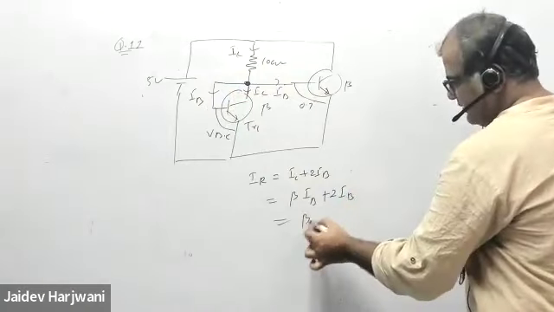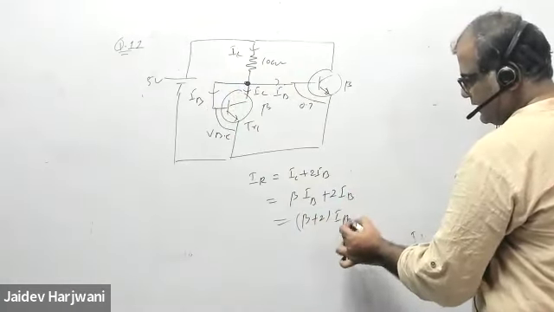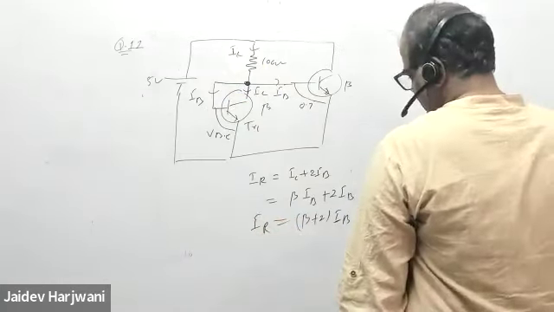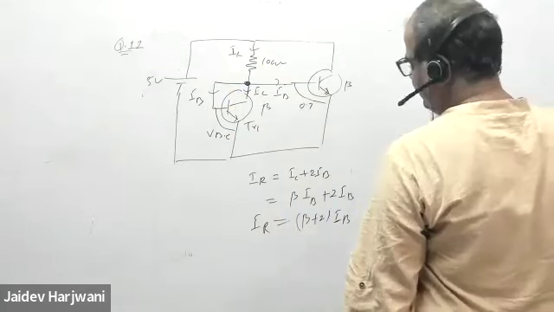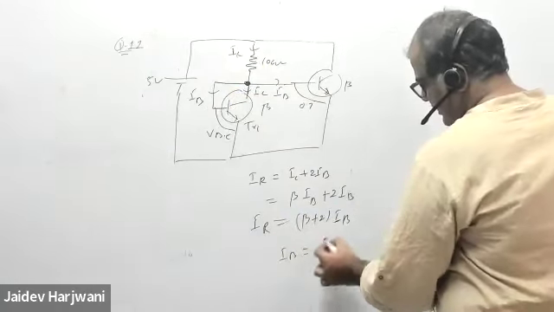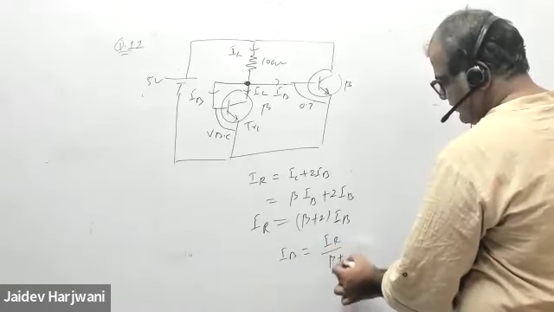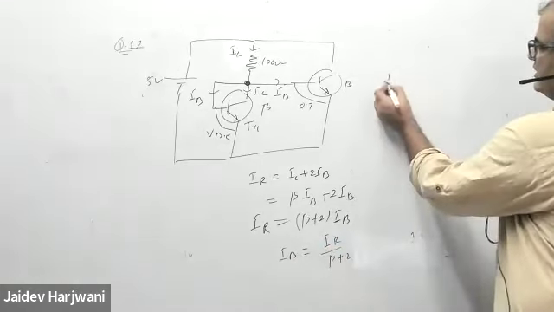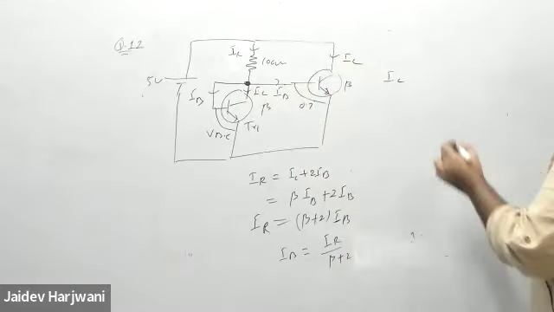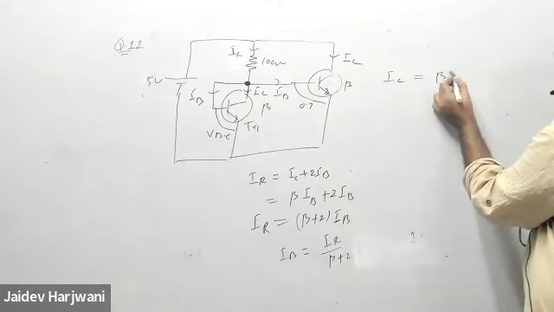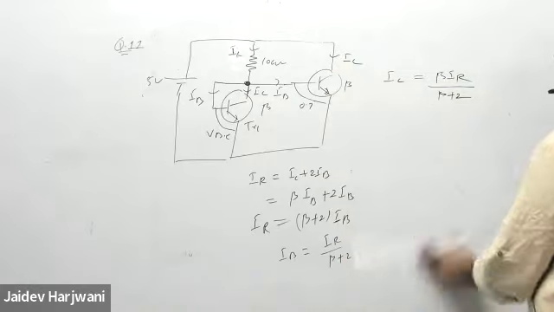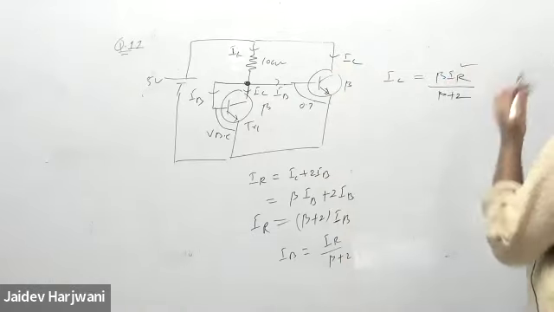So this will be (beta plus 2) IB, equal to I reference. So now I want to find IC. This IB will be I reference upon (beta plus 2). The IC coming here and here will be beta IR upon (beta plus 2).